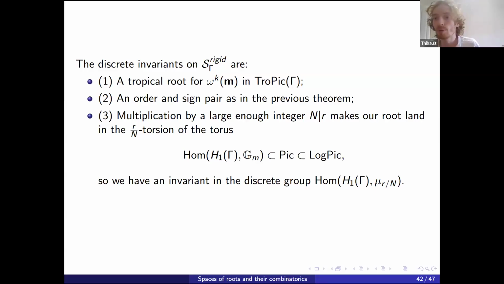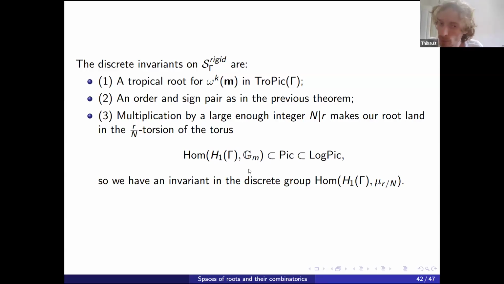If I multiply my root by some sufficiently large integer, eventually it's going to land in the subgroup Pic of log Pic. And if I multiply it by an even larger integer, it's going to land in the maximal torus inside Pic.